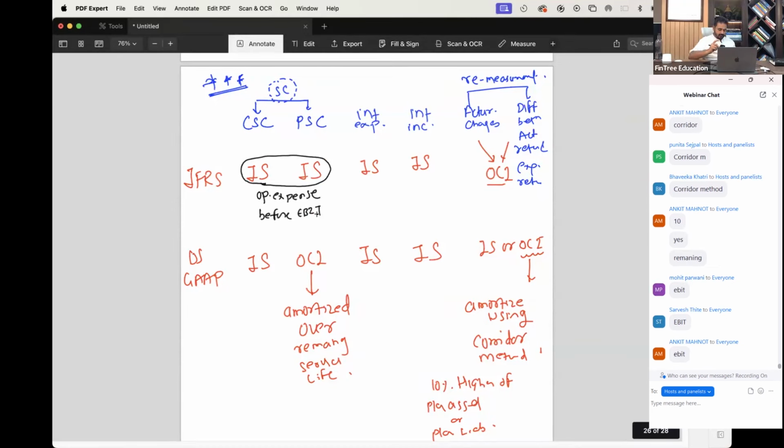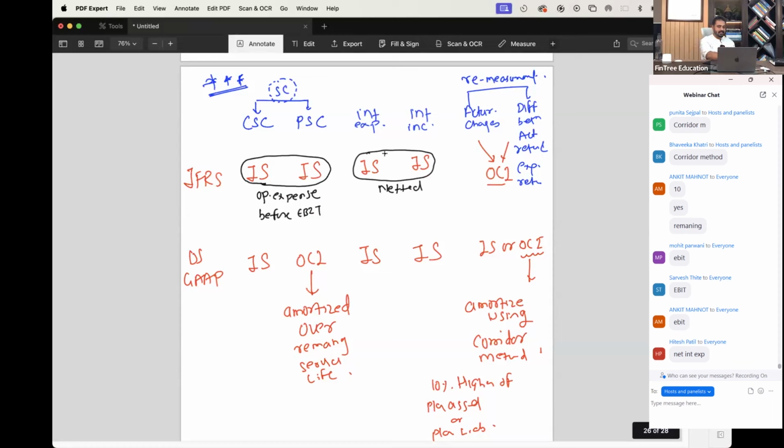Okay. Then under IFRS, these two numbers are netted. We don't show, for example, interest income is 60, interest expense is 80. So I will show only expense of 20 on the income statement. They are shown below EBIT. Net interest income or net interest expense.